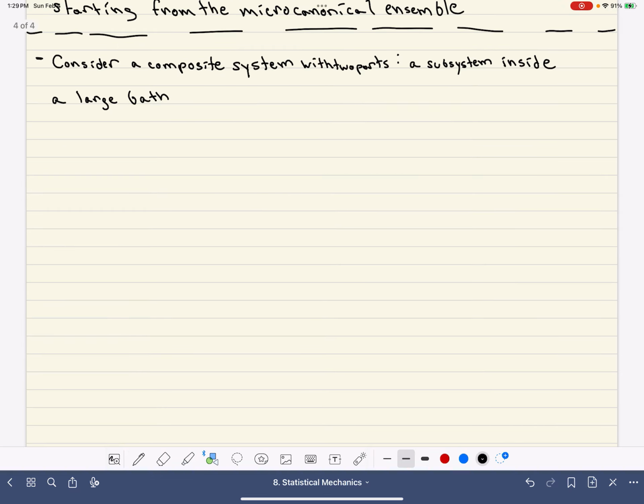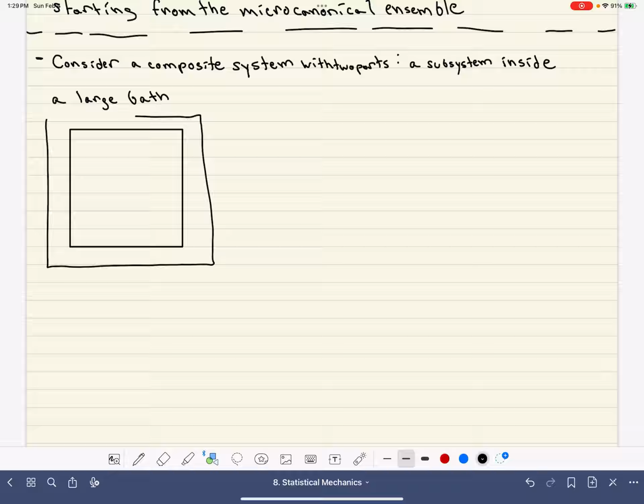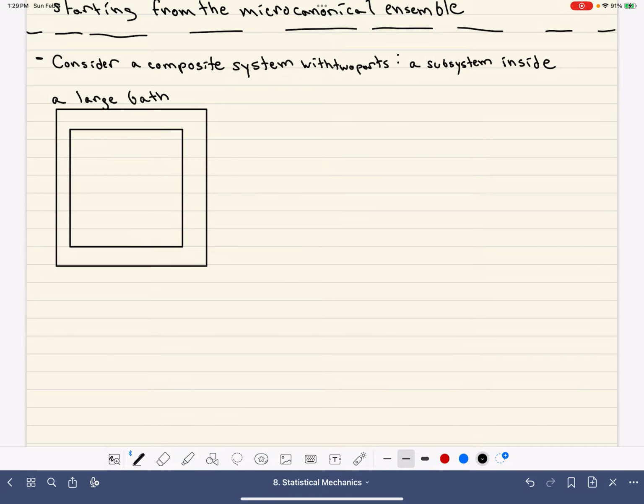We could describe it pictorially like this. We have our subsystem, and then we have our bath. And outside the bath, let's say it's well insulated, so nothing else can go into this composite system.